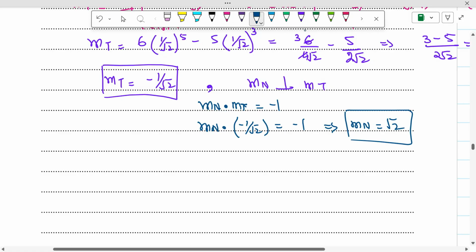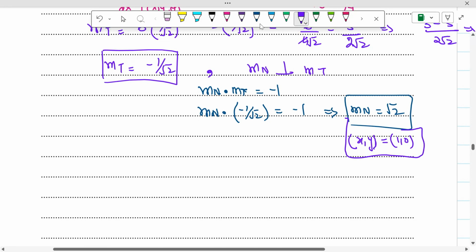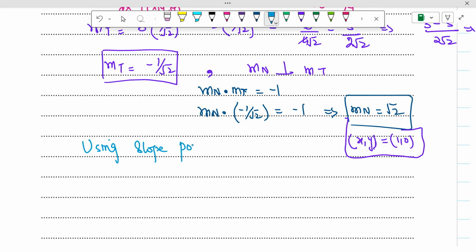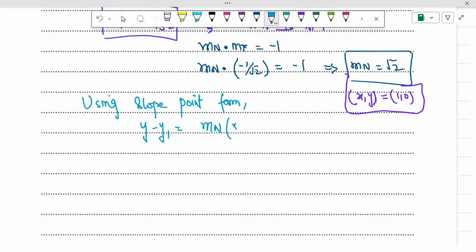Now we have the slope, and we have the point x comma y, which is equal to 1 comma 0. So we can apply the slope point form. We have y minus y1 is equal to m times (x minus x1). In this case, this one is x1 and this one is y1, which is 1 comma 0.